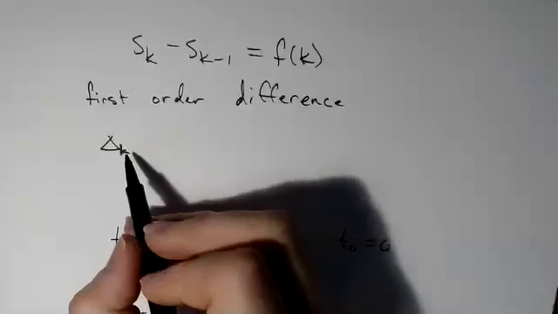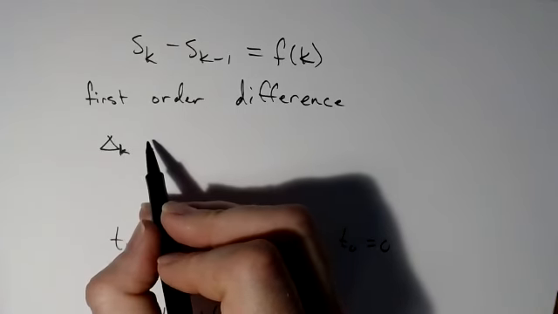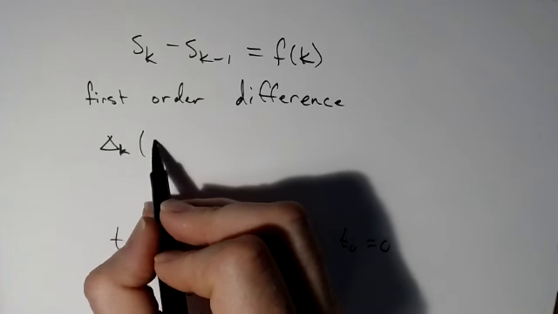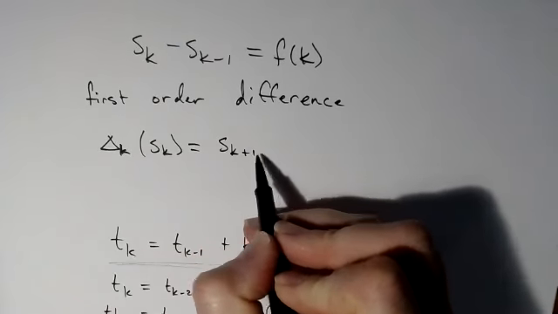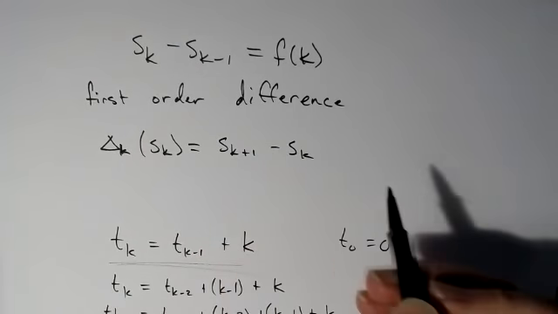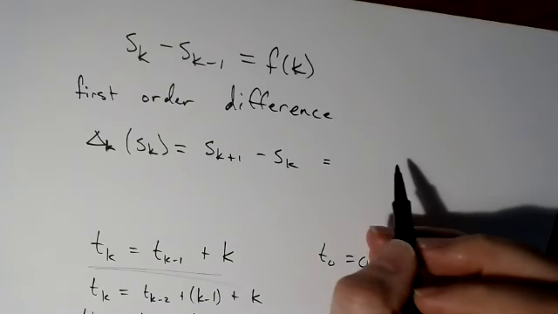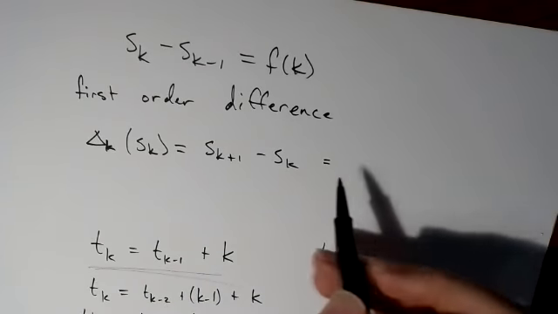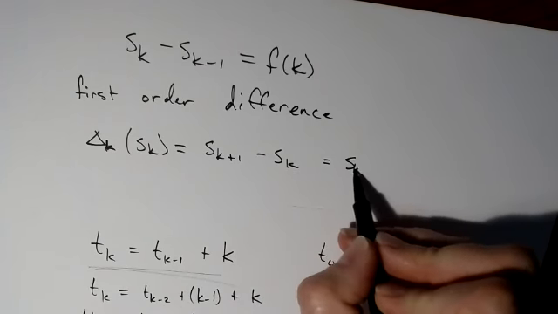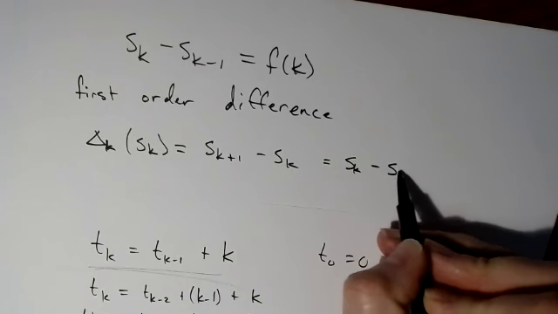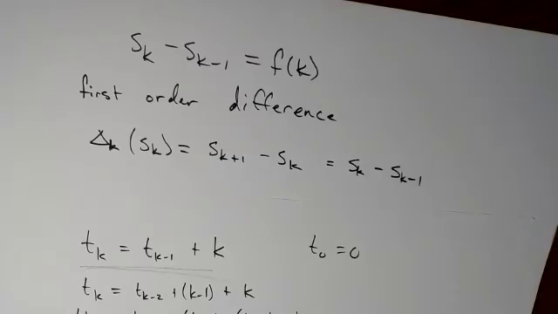So delta with respect to k of s_k is equal to s_{k+1} minus s_k, or in our case, we've written it the other way. This is called the forward difference, and this is called the backward difference, but they're just a shift of one another in terms of the sequence.